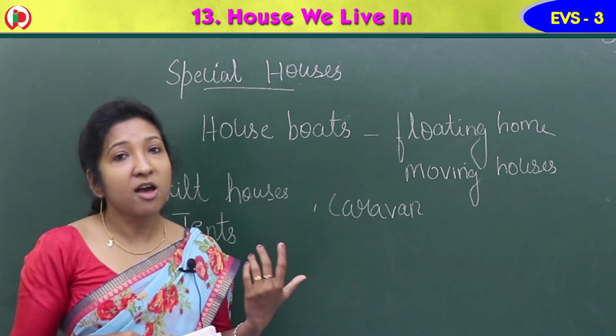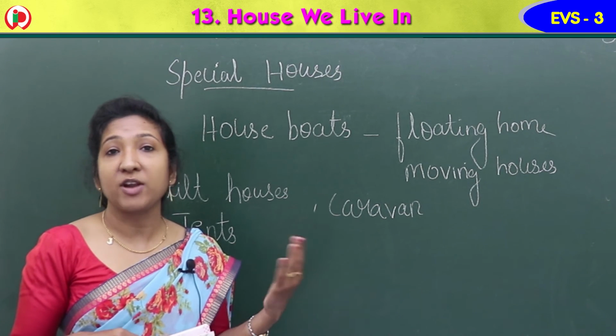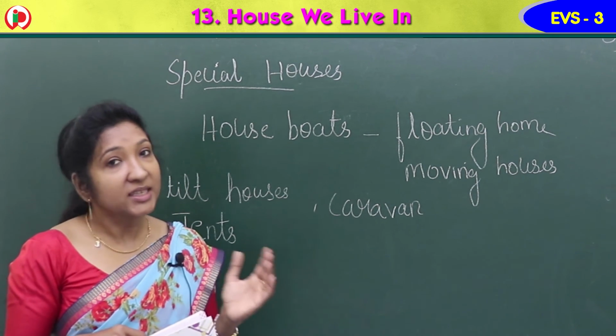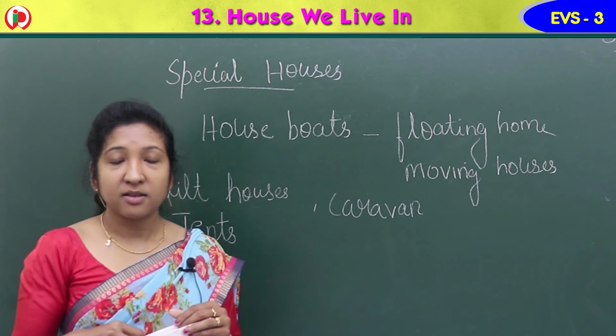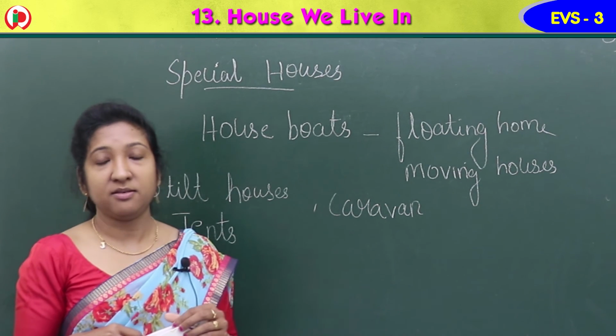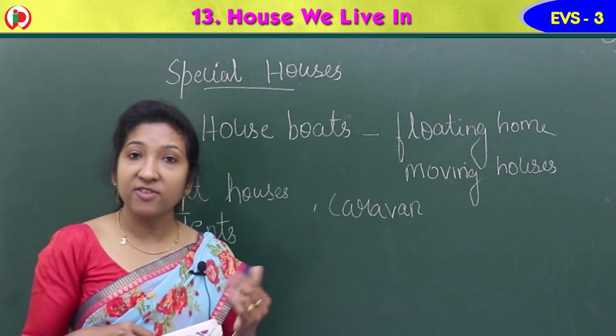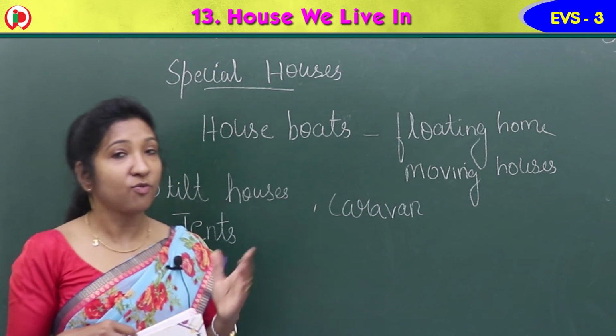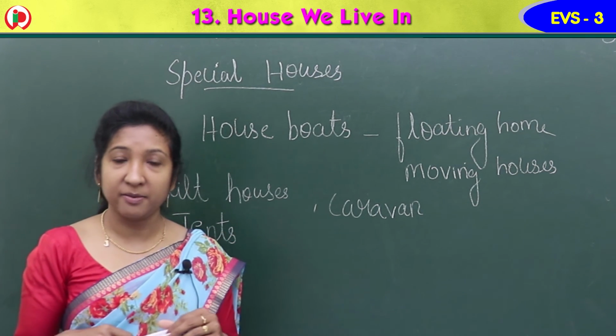Why? Because they always need to travel from one place to another. So they choose caravan to live. Their houses are caravans. That's why it is called house on wheels. It has wheels. Travels from one place to another.